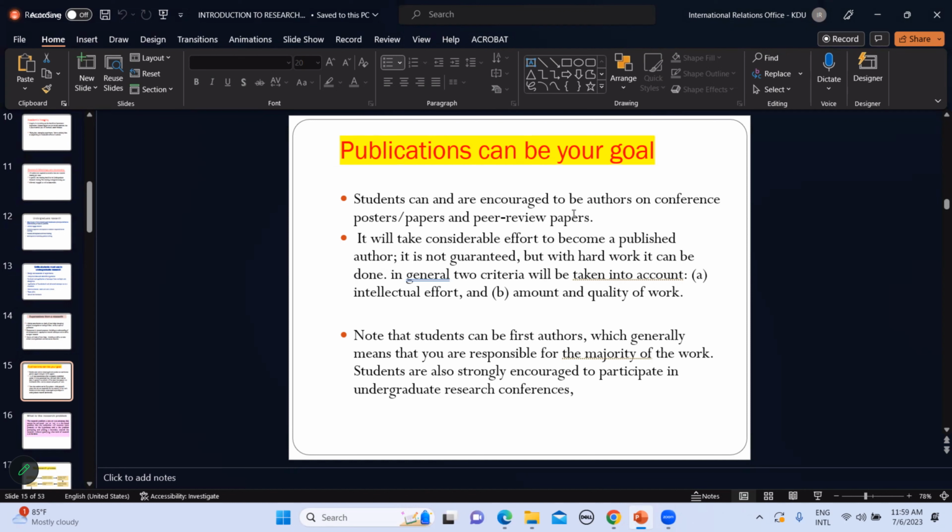We call it peer review. I send them to Colombo, Kelaniya, Jayewardenepura, Rajarata, Ruhuna, and experts in the area. They are given the guidelines, they review the papers, and then tell us whether it is accepted or rejected for the IRC conference.